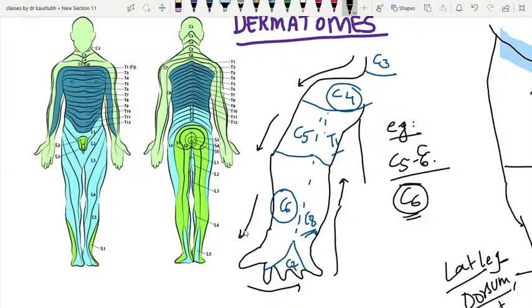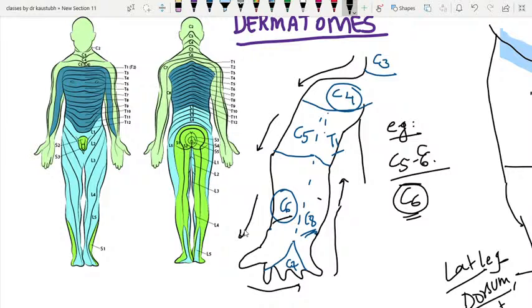Now tell me, you know dermatomal supply, which area of your upper limb is supplied by C6? Lateral aspect of forearm, thenar eminence, thumb, palmar aspect of your hand, and the area related to that lateral aspect, right? So that will become C6.